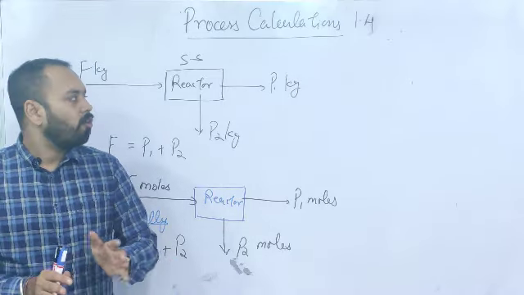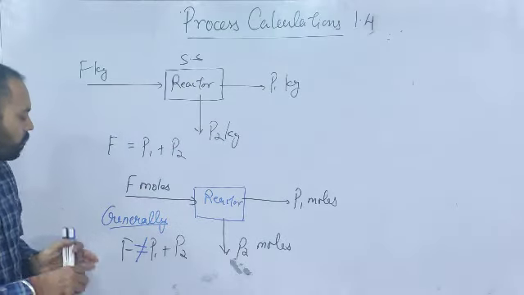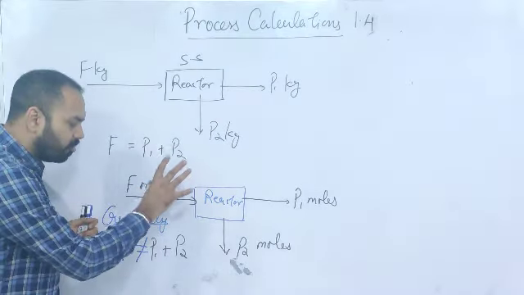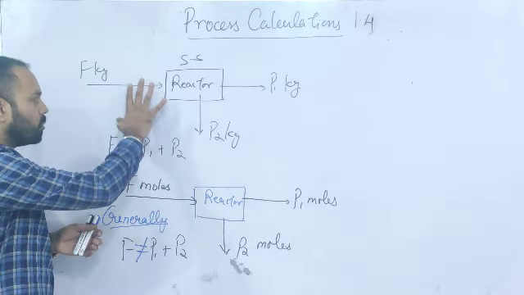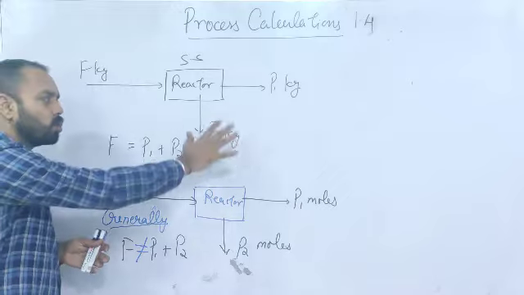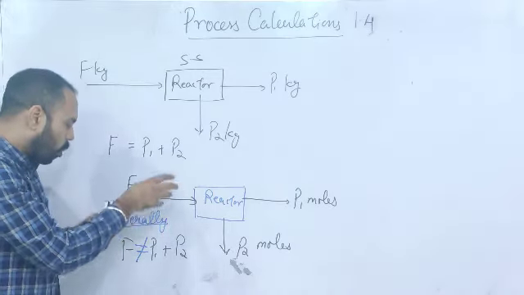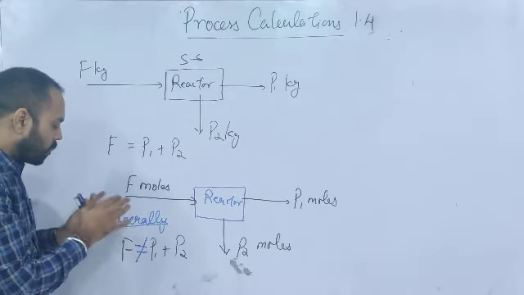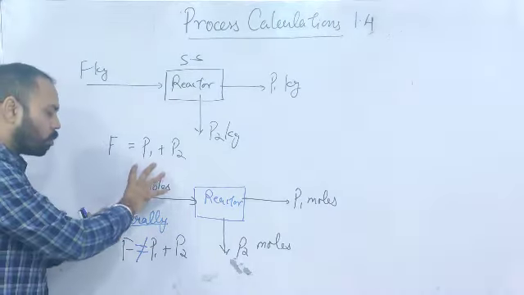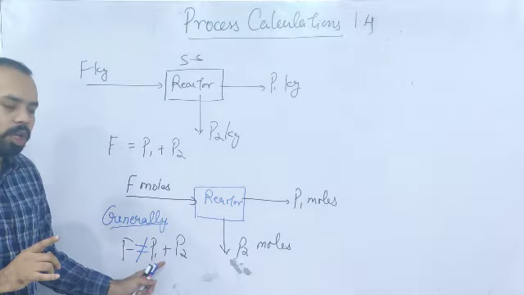So that is why when there is a chemical reaction problem in process calculation, you always take the values in terms of moles and not in terms of mass. So this will not be used during a chemical reaction, so you can never write this. You should always solve the problem in terms of moles, and whenever there are moles, you should never say that F or total moles in is equal to total moles out. In some cases, you can write this.